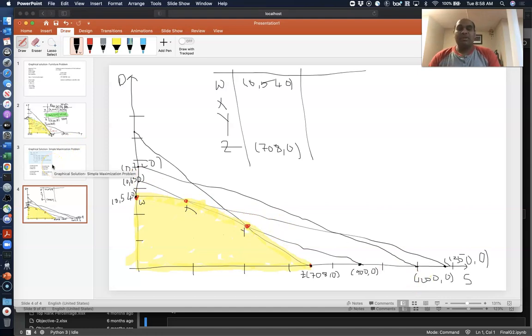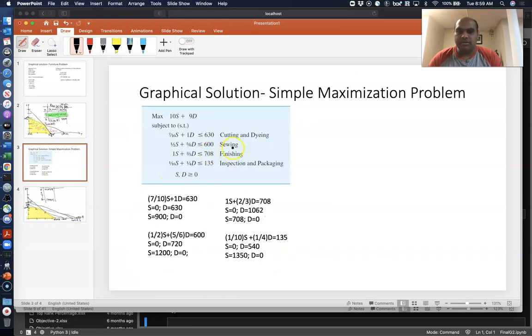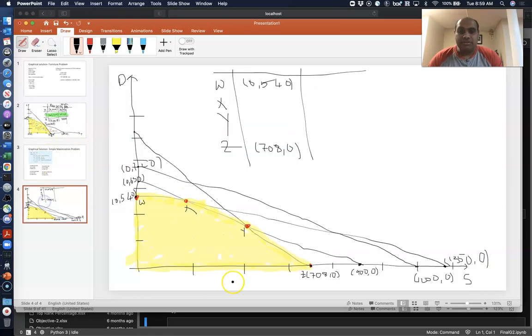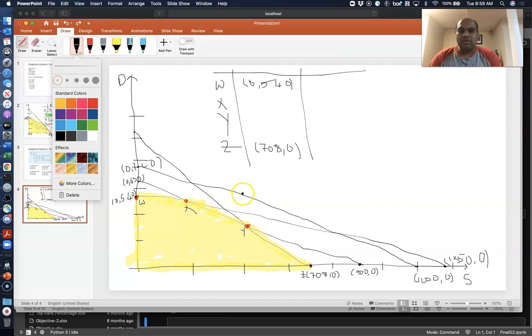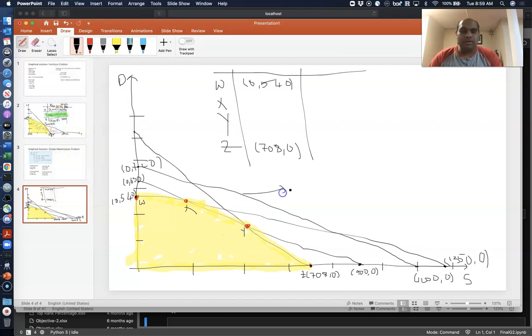Now, one thing I wanted to notice is that this constraint that we had here, the second constraint, the sewing constraint, is really not a constraint, because if I take the eraser and remove this constraint, it doesn't affect the feasible region at all. The feasible region is not touched. So this constraint is called a redundant constraint.